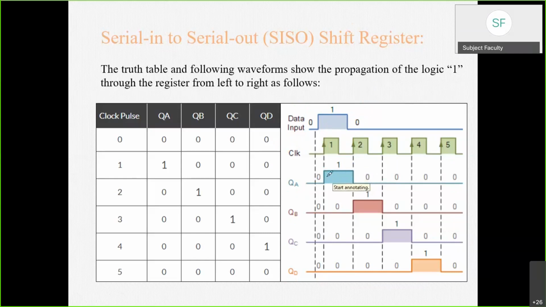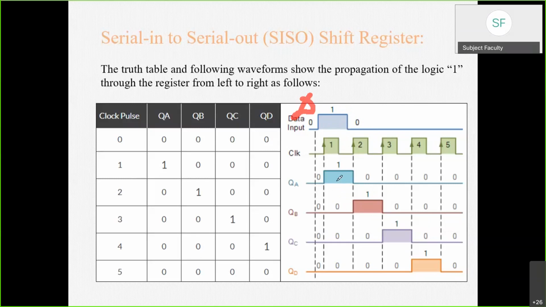So QA will simply follow the data input, because this data input is nothing but D, the input of your first flip-flop. So it will simply follow this signal.